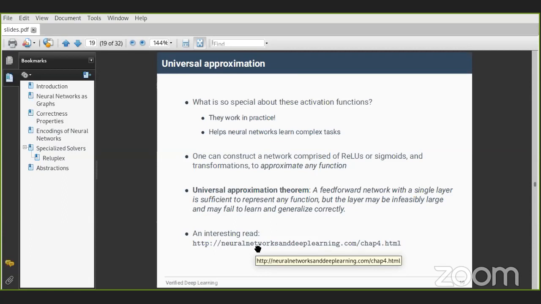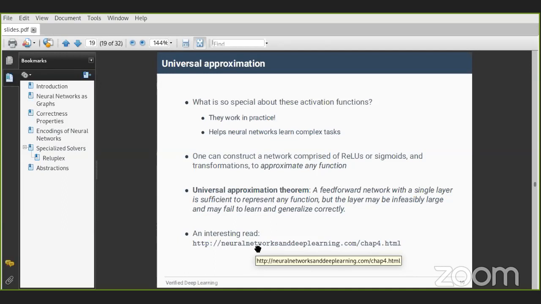Of course, the layer may be infeasibly large and may fail to learn or generalize correctly. So those are problems. We are not saying that you can efficiently learn anything and everything and be done. So forget the size part of it, or whether you will be able to learn your weights and biases correctly, whether you will be able to generalize correctly, or whether you may just end up remembering whatever your training data was.